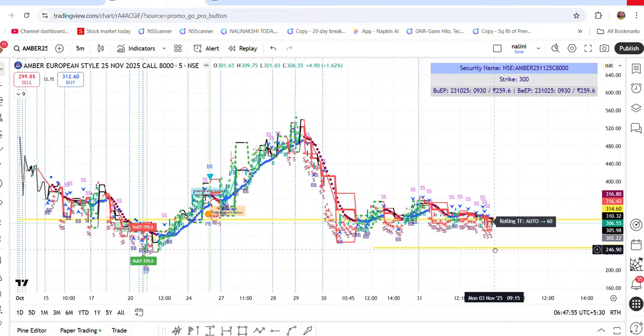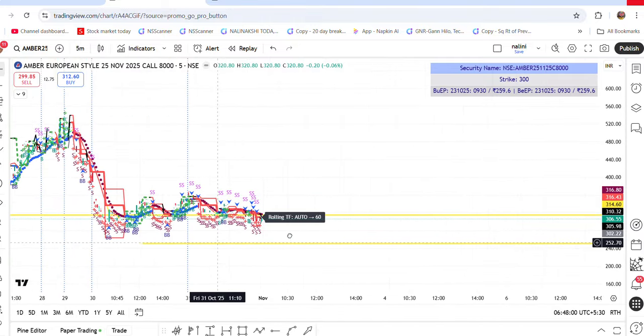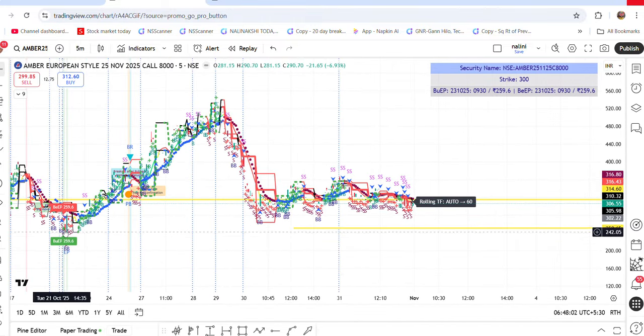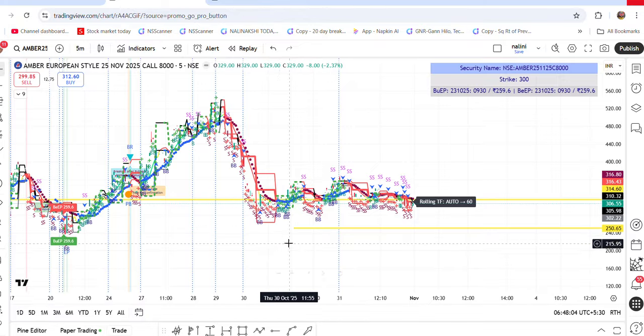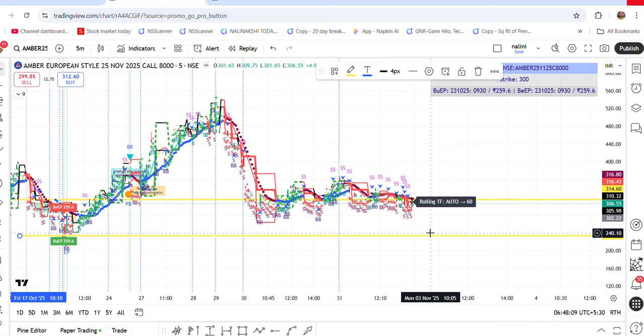Let us mark this 259. A bullish episode was formed very long back, on the 23rd of last month, October. So if it comes down and tests this level, it may react. So you can keep this on your watch list.